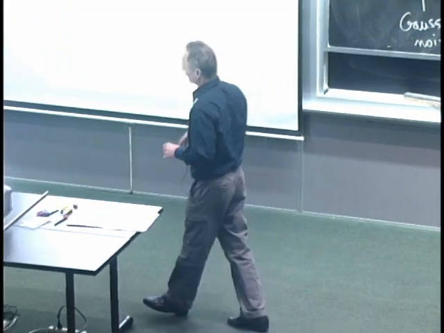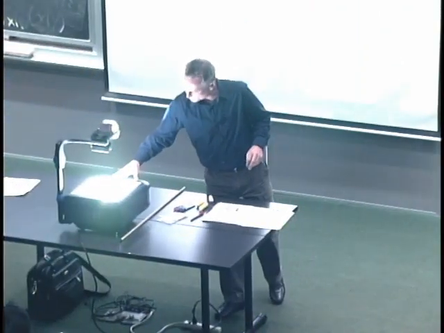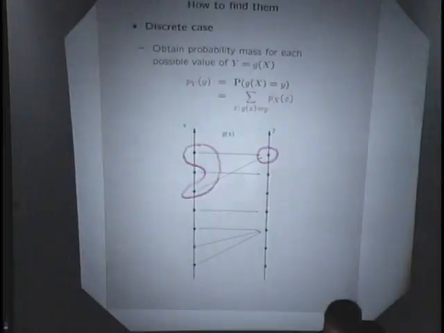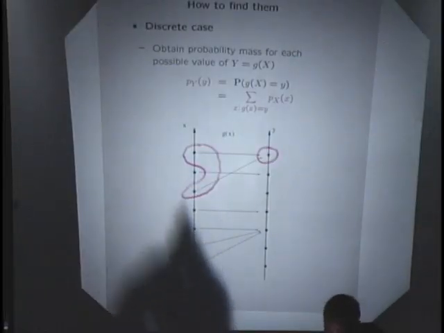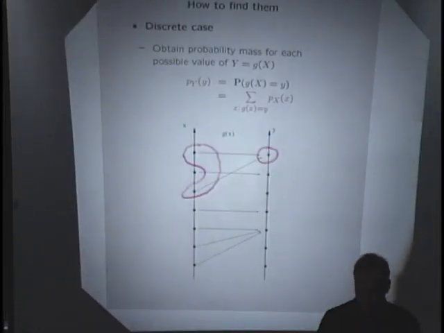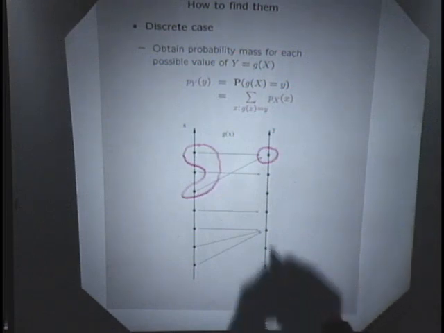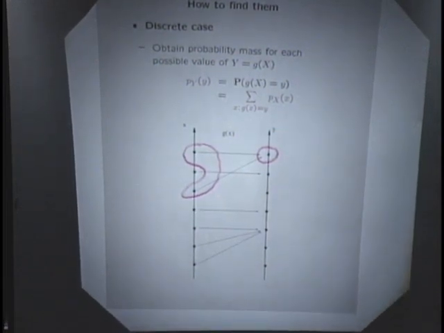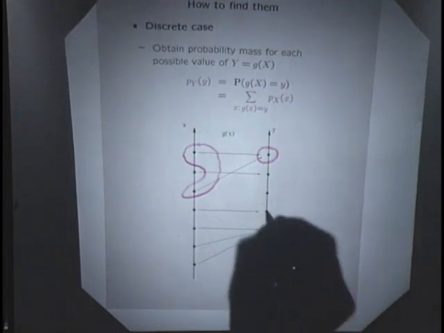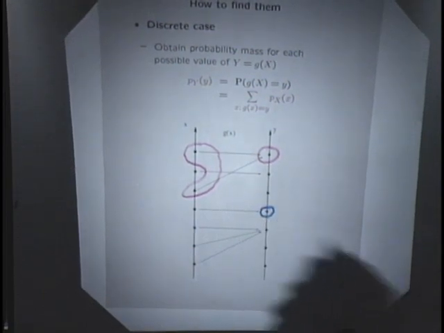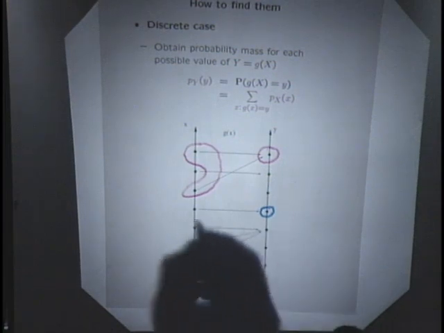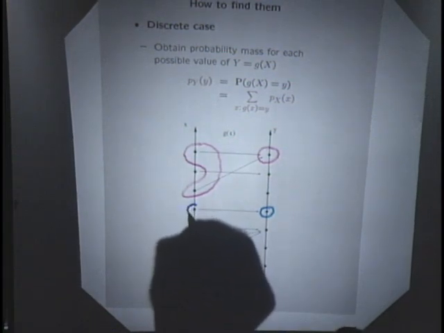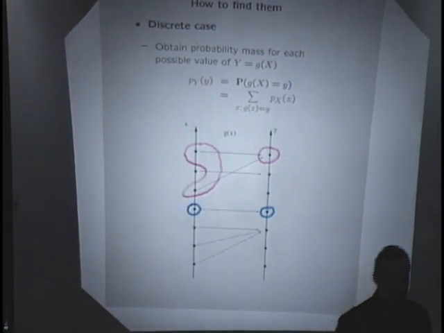So let's transfer this method to the continuous case. Suppose that x and y now can take values anywhere, and I try to use the same method. And I ask, what is the probability that y is going to take this value? At least if the diagram is this way, you would say this is the same as the probability that x takes this value.